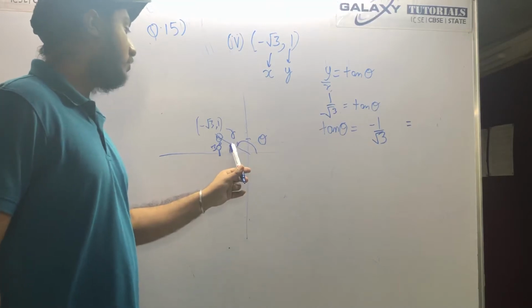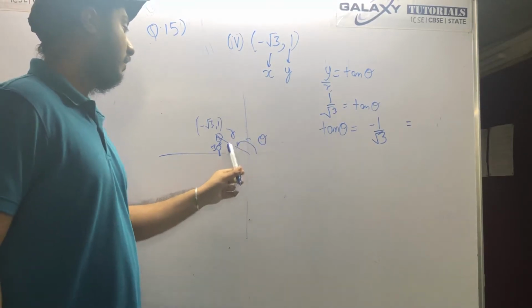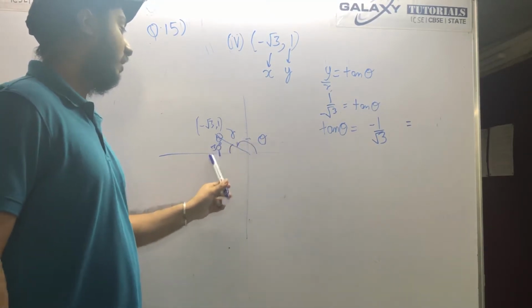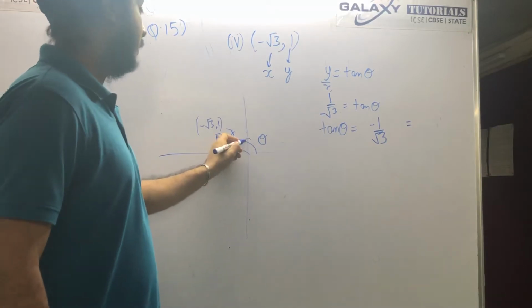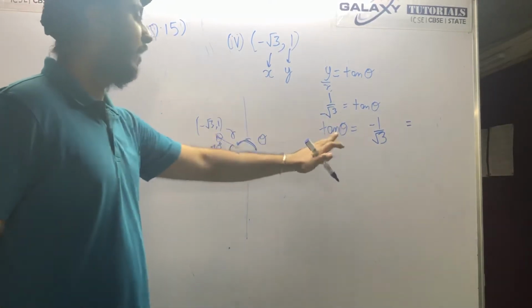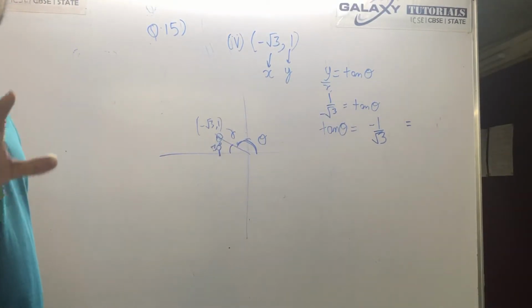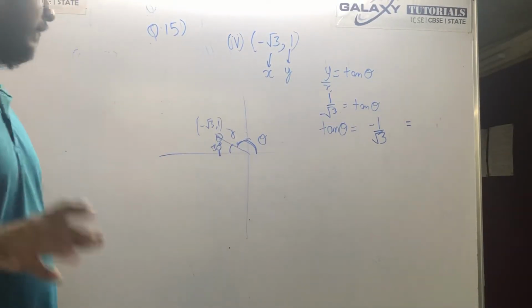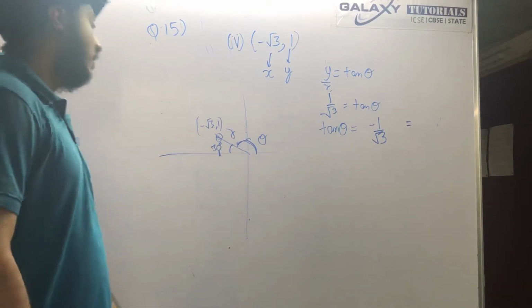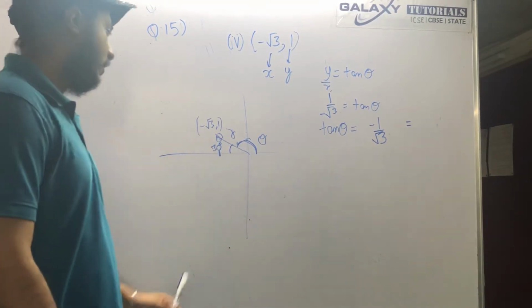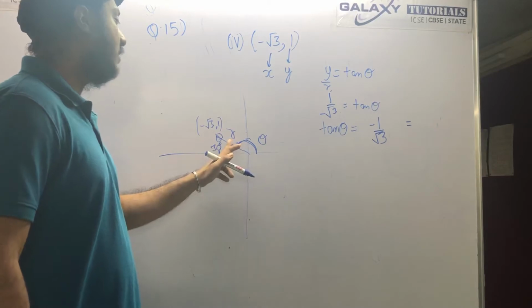So what you will do is, basically this is total 180 degrees, so you have to find out this angle. From here you get the reference angle. Reference angle is how much? 30 degrees. So what you have to find out is the actual angle.